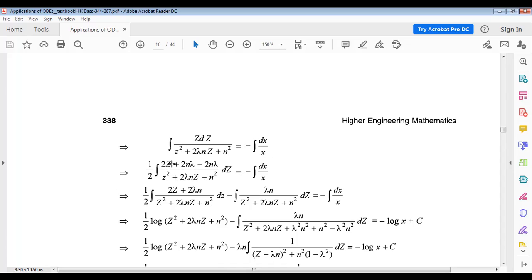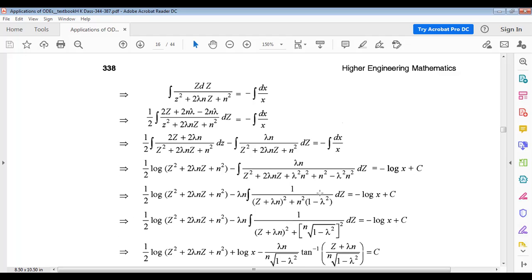Taking half, we have twice z plus twice n lambda minus twice n lambda. To integrate this, 2z plus 2n lambda divided by this whole expression, separating this. Then the right hand side: the differentiation of the denominator gives the numerator.